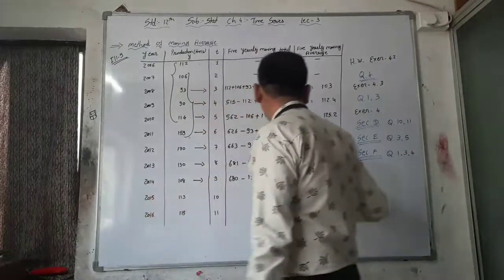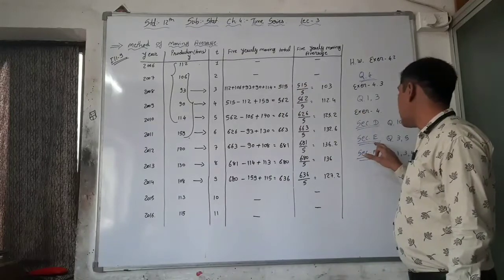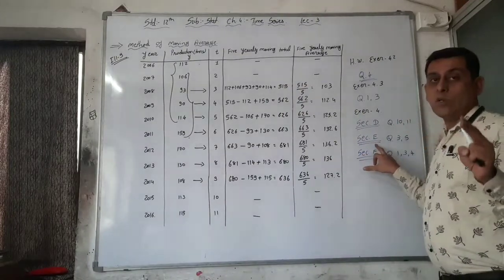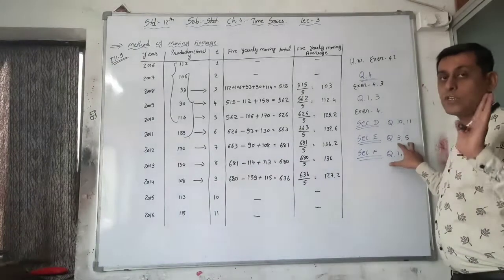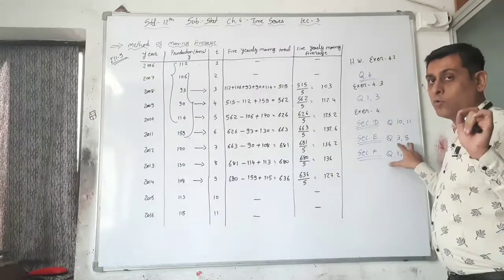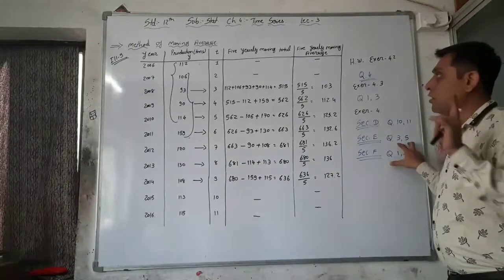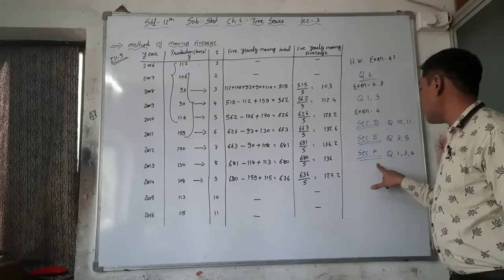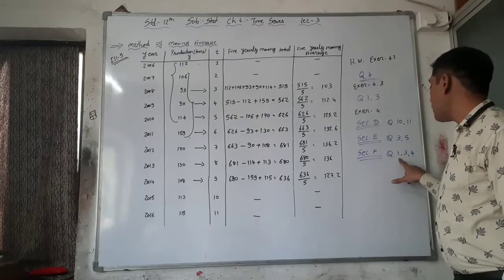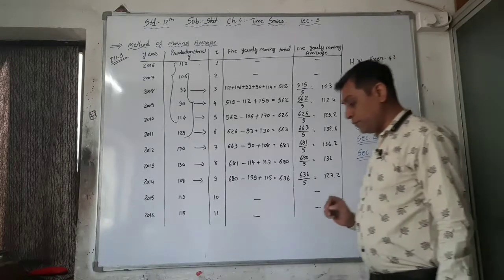And now exercise 4 section E, see 1 and 2 is over, 3 and 5 we have to do, and fourth one is 4-year moving average, so we have to skip it right now because illustration 10 is remaining. And in section F we have to write question number 1, 3 and 4.